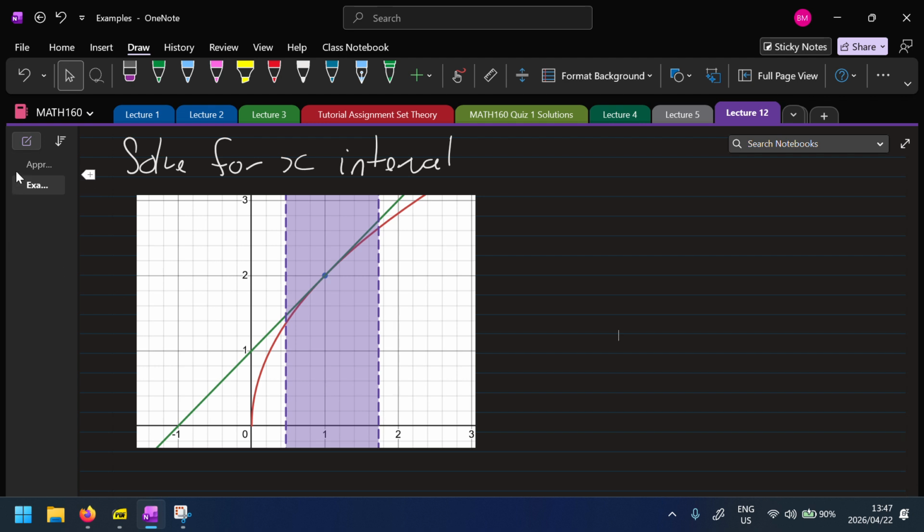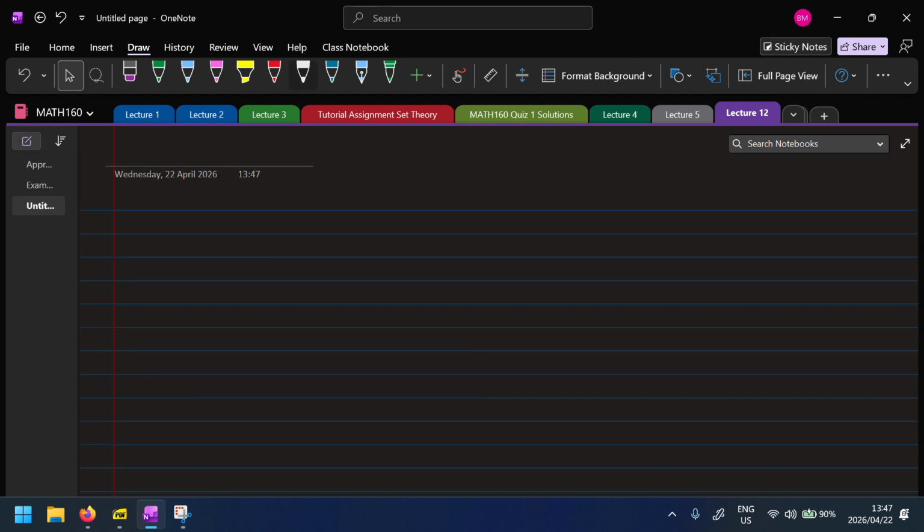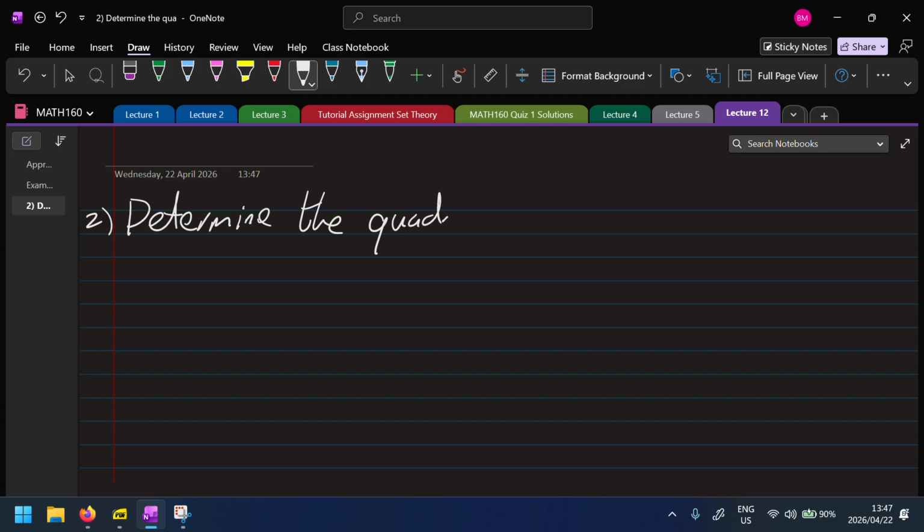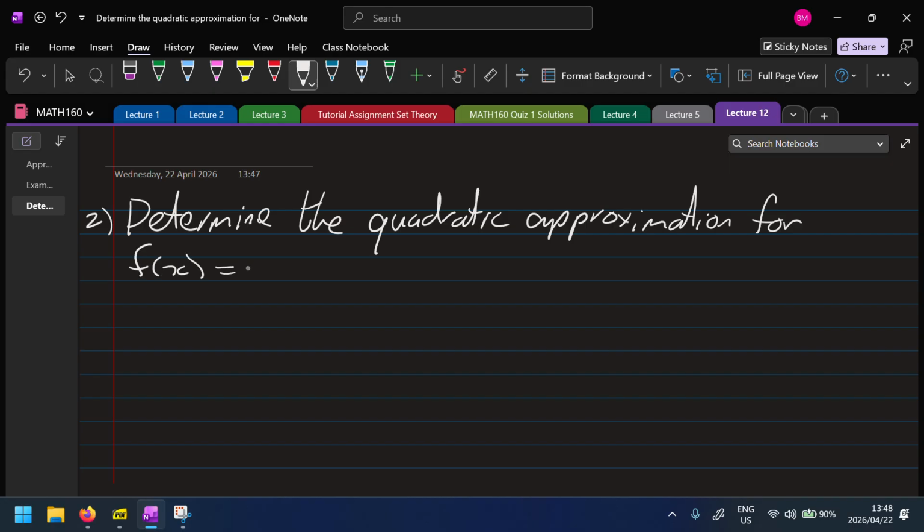Okay, let's have a look at example 2. Okay, determine the quadratic approximation for f of x equals e to the minus x squared at x equals 0.